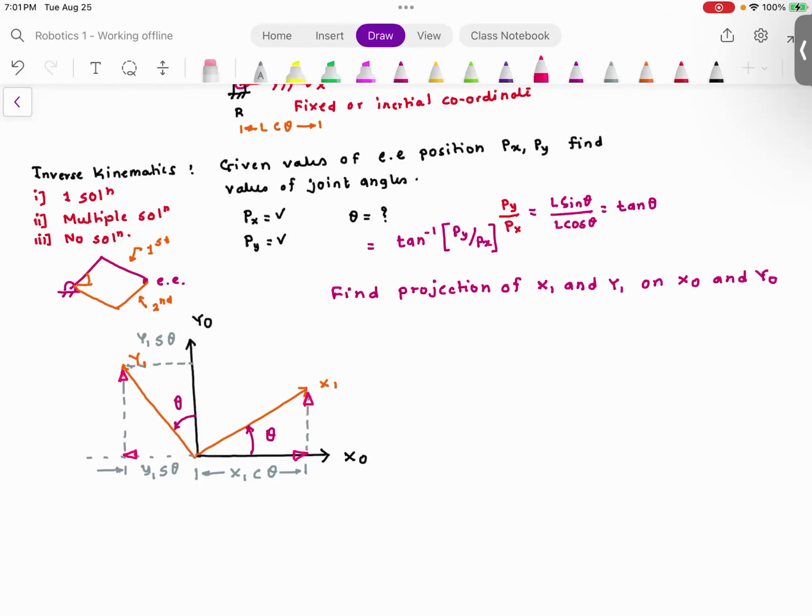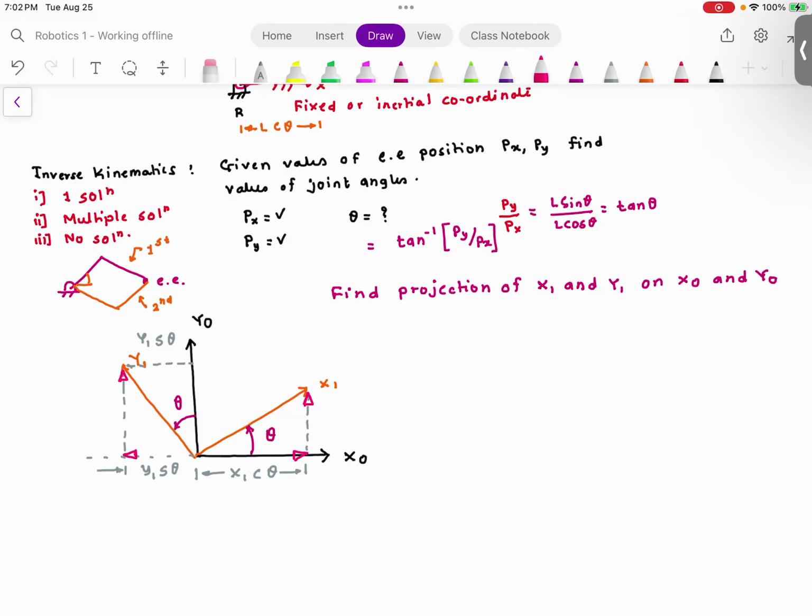What that means, and it is very important, is that the x1 cosine theta component is in the positive x0 direction and the y1 sine theta component is in the negative x0 direction. Can you see that this component is aligned with the positive x0 axis? This component is in the negative direction.